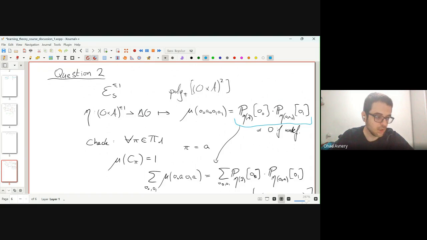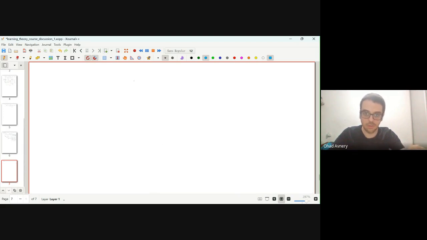That constructs the map in one direction, and now we need to show that this map is bijective. So basically, given the measure mu, we write the defining rule again, but this time we try to show that given such a mu, there's a unique eta that satisfies these conditions. Here I don't have any high-level intuition for how to show this.